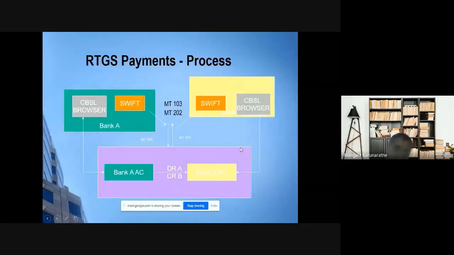So this is the RTGS processing, right? So I discussed why you need to send RTGS. The need arises here, right? And then they do RTGS. So when bank A's account gets debited, bank B can see through their CBSL browser, right?